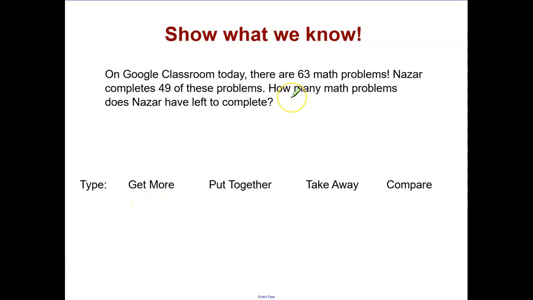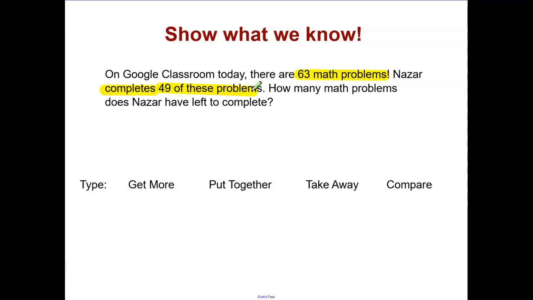So boys and girls, on Google Classroom today, there are 63 math problems. Perfect. Nazar completes 49 of these problems. Okay, I know right away that completes means he finished them. So he started with 63 and he finished or completed 49 of them.